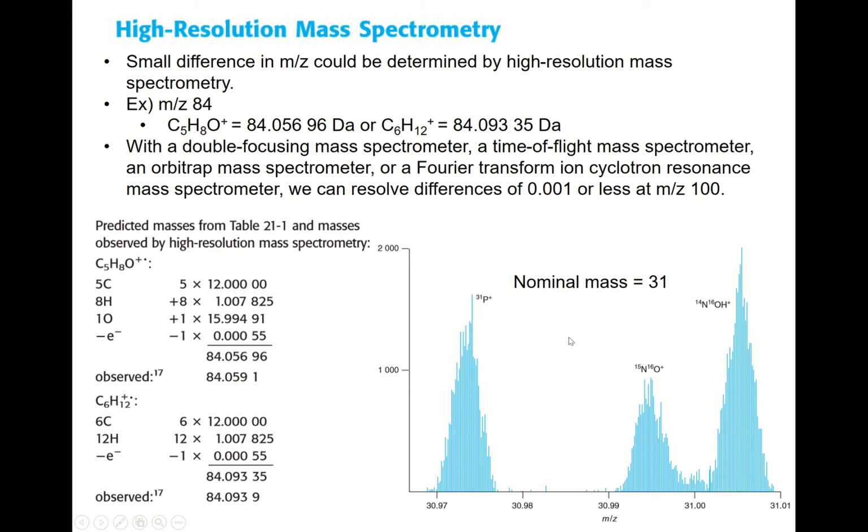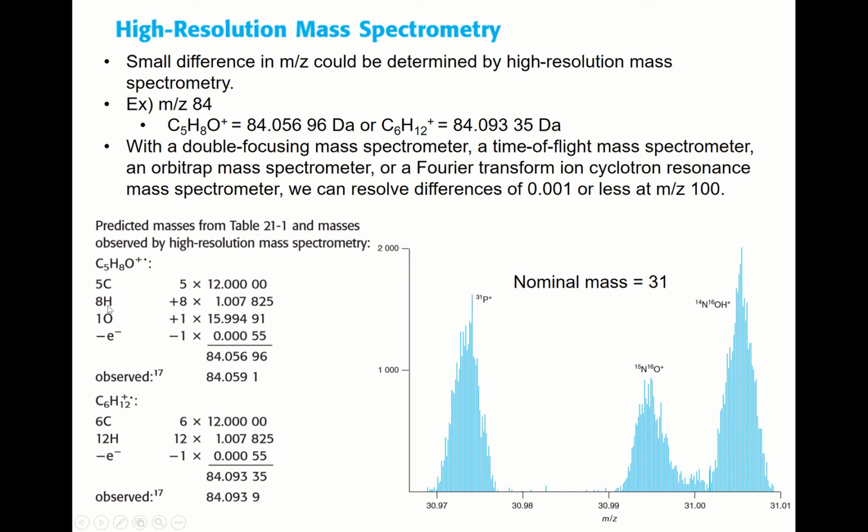Here is an example, and let's consider these two species again. We can calculate their exact mass. From 5 carbon atoms, by definition, the mass is 12.0000.